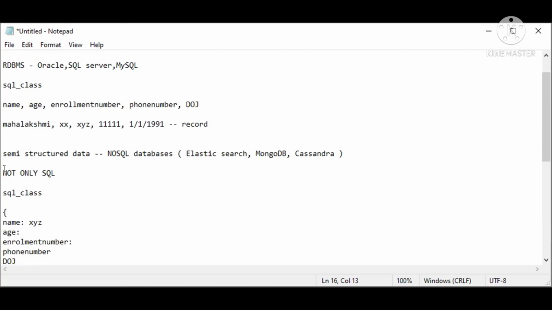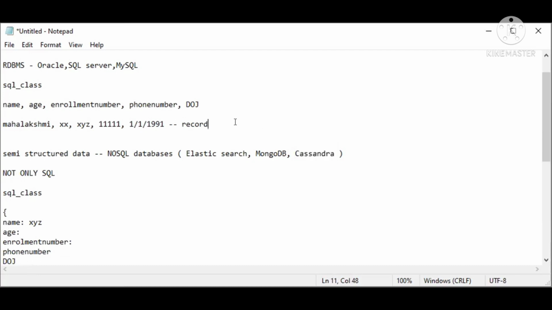It means not only SQL. Cassandra is a NoSQL database which can store data in the form of records, meaning in a tabular format. So in Cassandra, you can write SQL queries as well as store unstructured data.